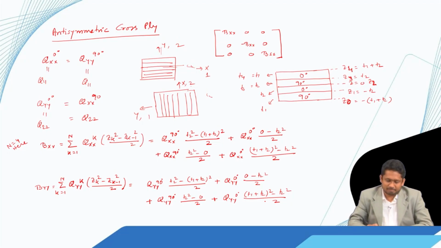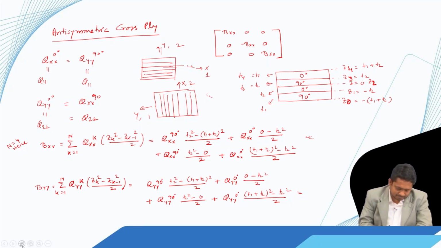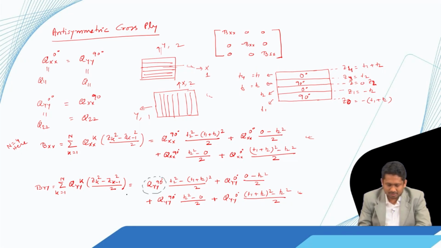Now, let us compare this expression for Bxx and Byy. So, what we see here is if we write everything with respect to xx, then this quantity Qyy, we have seen that Qyy of a 90 degree layer is equal to Qxx of a 0 degree layer.